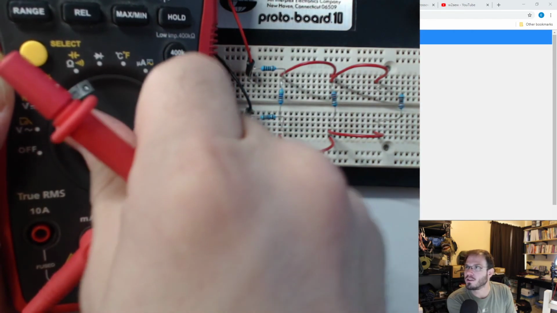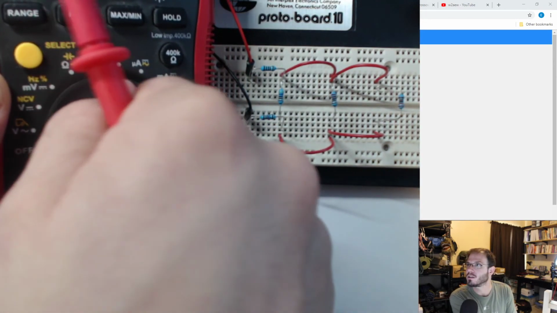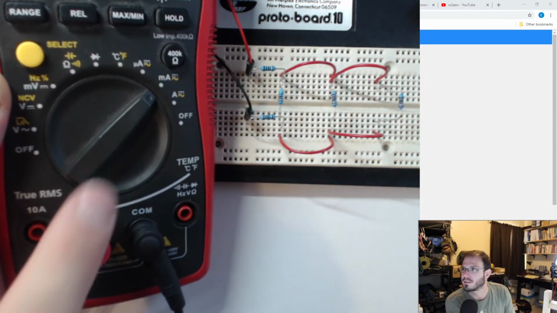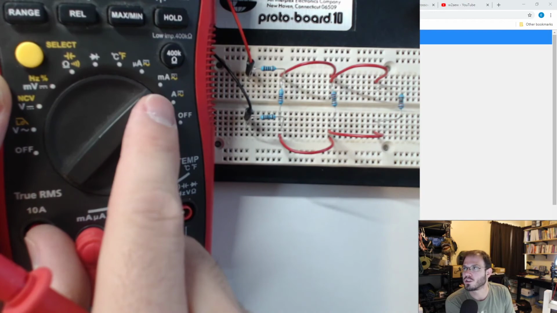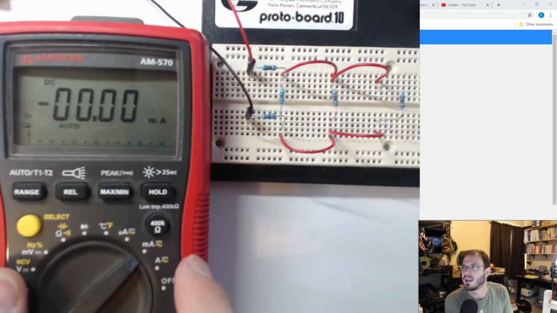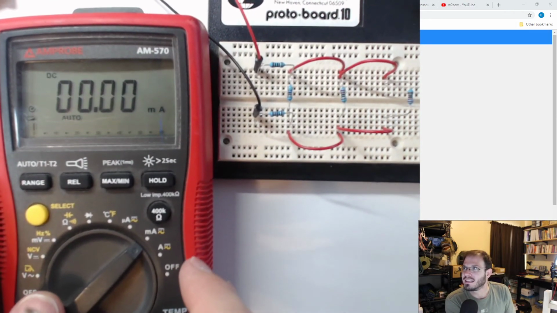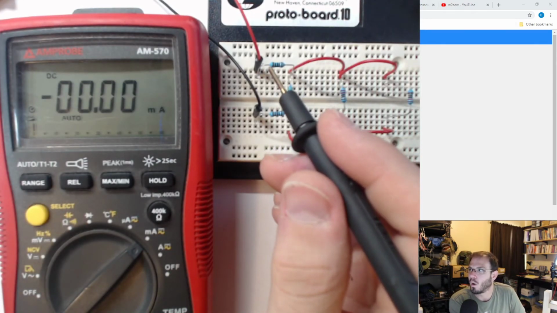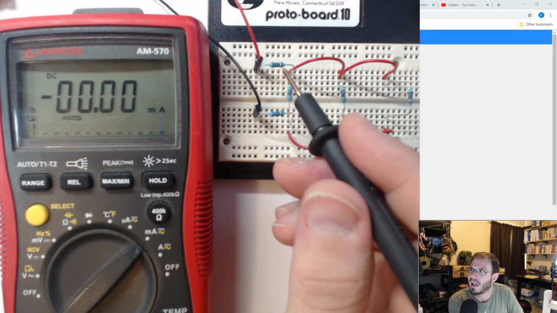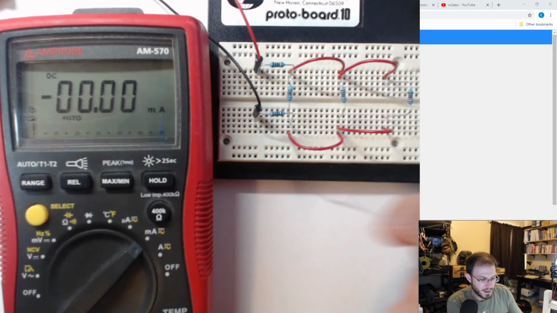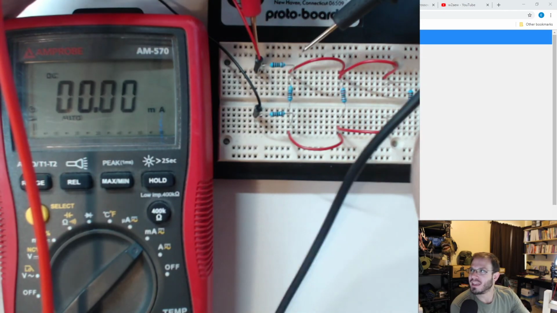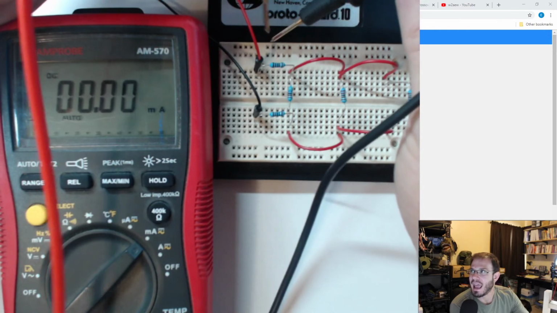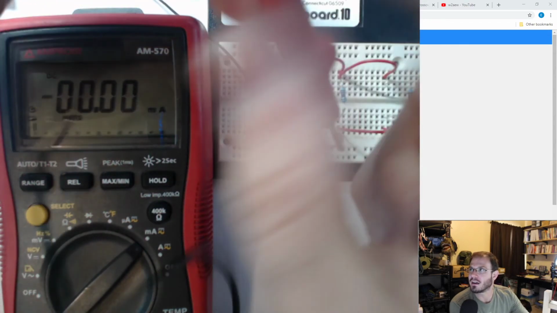Now make sure you also set the multimeter over to the appropriate units for milliamp for measuring current, okay? And now let's say we want to measure the current going through R1. Again, I am not going to do this. I need to physically disconnect and put my multimeter in series.